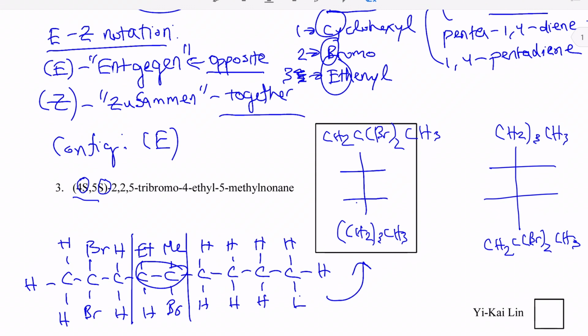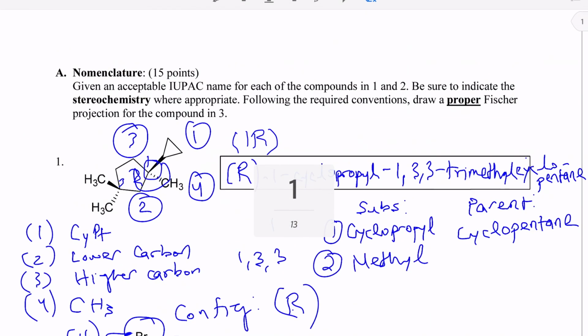Before we dive into question 3, I just wanted to clarify some of the work that was done earlier. For questions number 1 and 2, I just want to make a small note about the way I had written the stereochemical configuration.